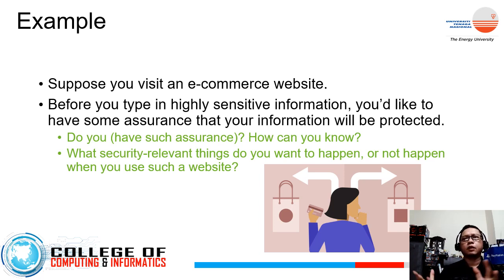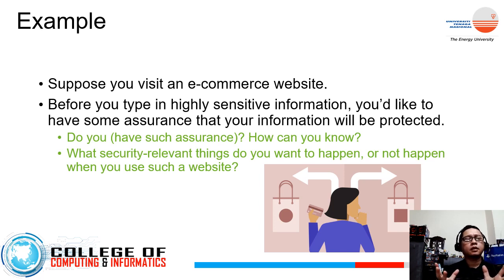Remember when you are going to CIMB Clicks, for example, or when you want to use Maybank, or you want to use Shopee or Lazada. So how do you ensure that your information there is safe? Do you have this assurance? How can you know that a certain website or service is secure, or perhaps that your information is safe?